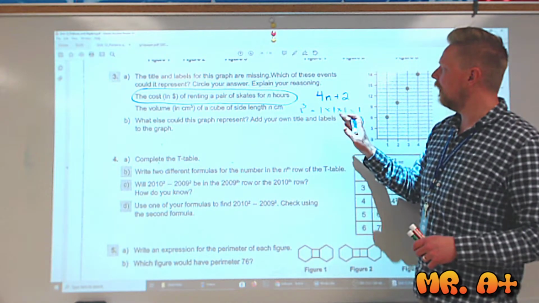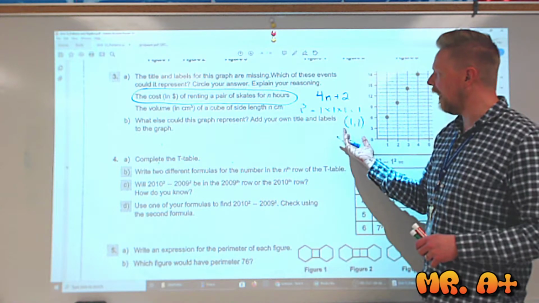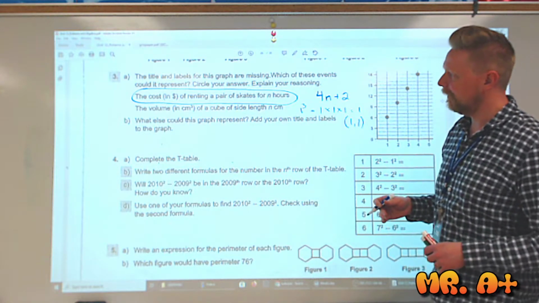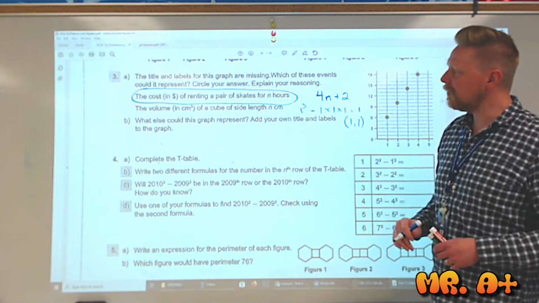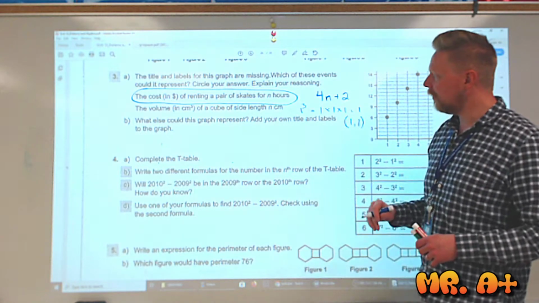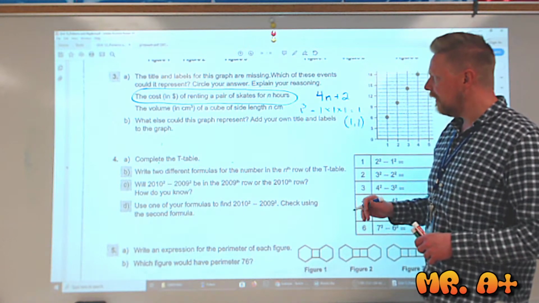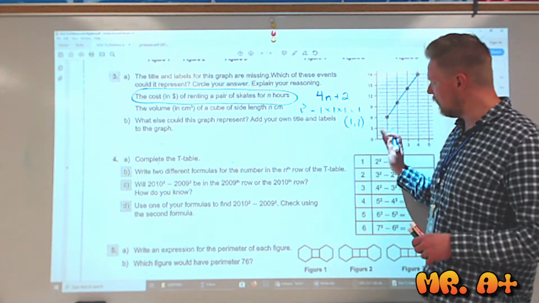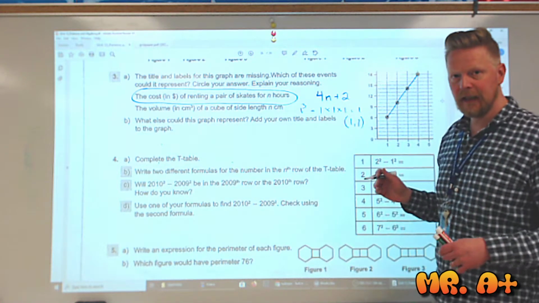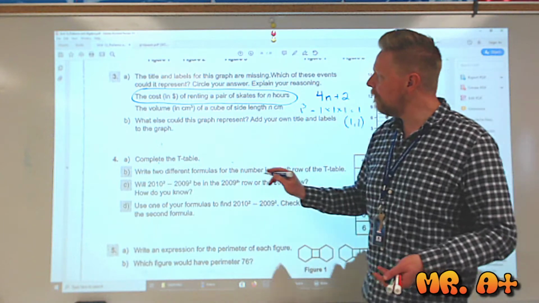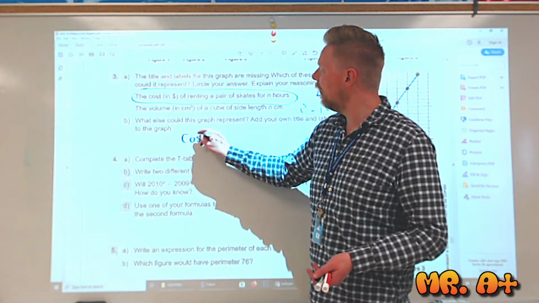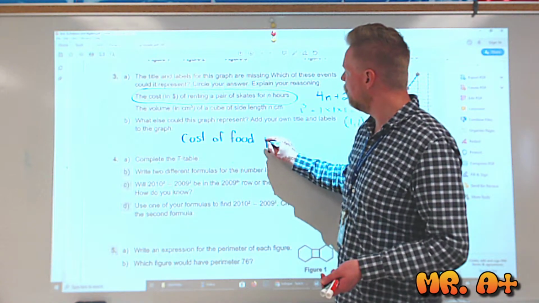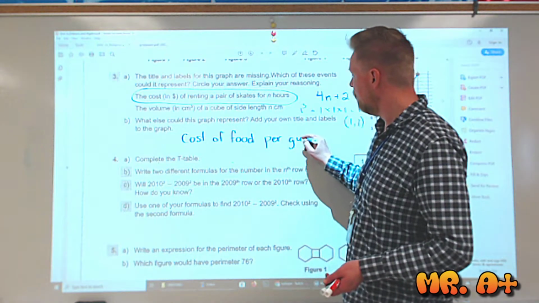So for the cost, it's 4 times the number of hours plus 2. Maybe the $2 is like a cleaning the skate surcharge or shoveling the ice. I don't know. What else could this graph represent? Add in your own title and labels to the graph. Now, there's any number of things that this linear graph could represent. The cost is increasing with each term. Maybe it's because I'm hungry, but I was thinking maybe it's the cost of food per guest at a dinner party.